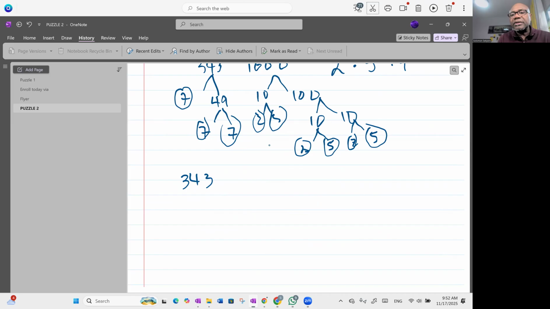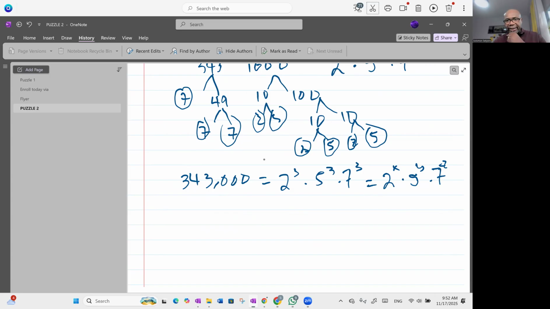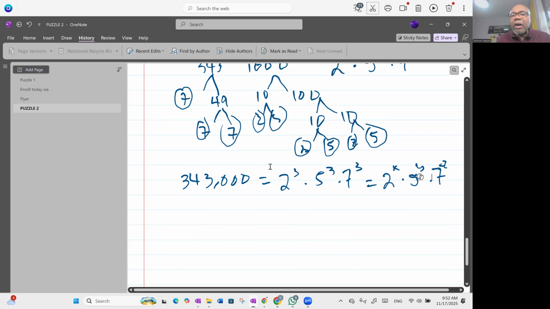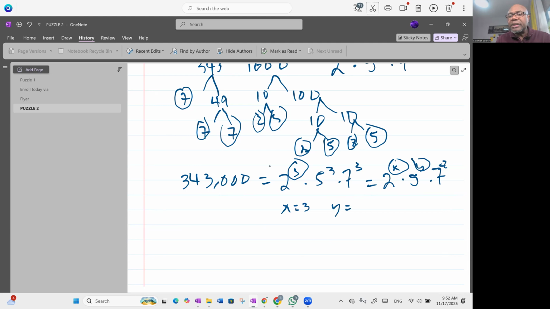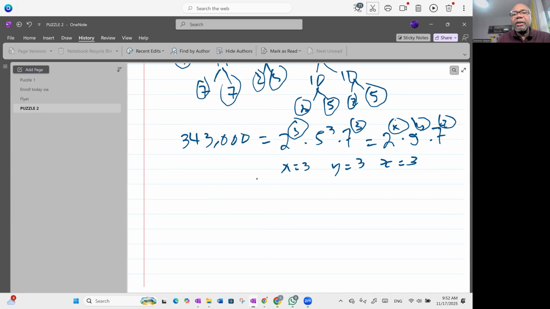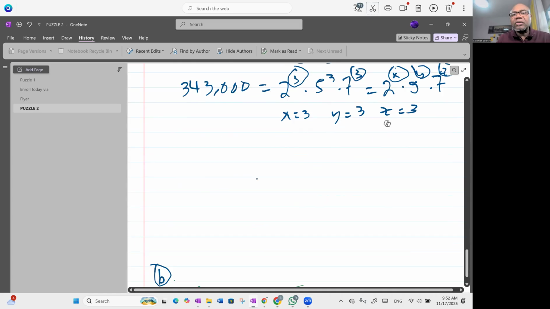We've been told that it is equal to 2 to the power x times 5 to the power y times 7 to the power z. So you remember identity? Just by comparing, we realize that x equals 3, y equals 3, z equals 3.